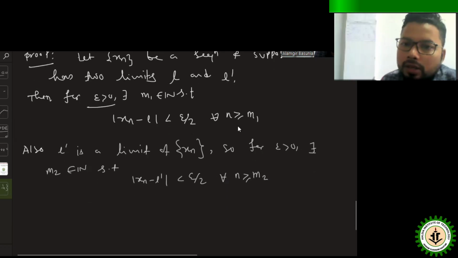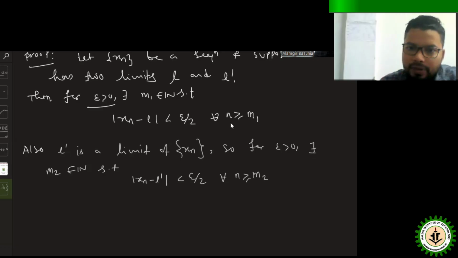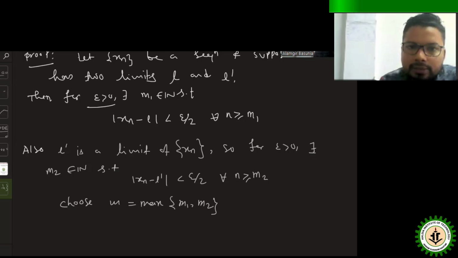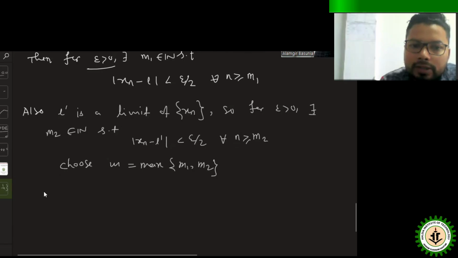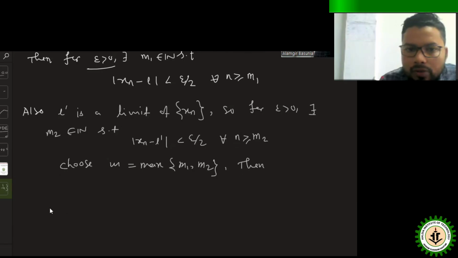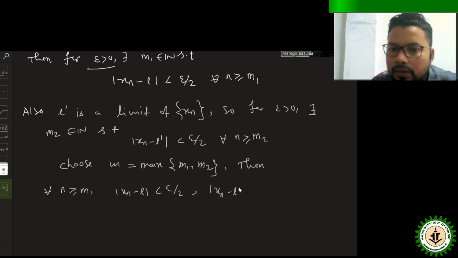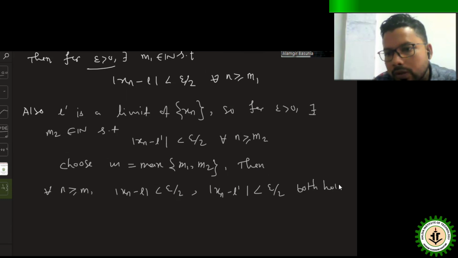Now we choose m as the maximum of m1 and m2. Then for all n greater equal m, mod of xn minus L is less than epsilon by 2, and mod of xn minus L prime is less than epsilon by 2. Both hold.